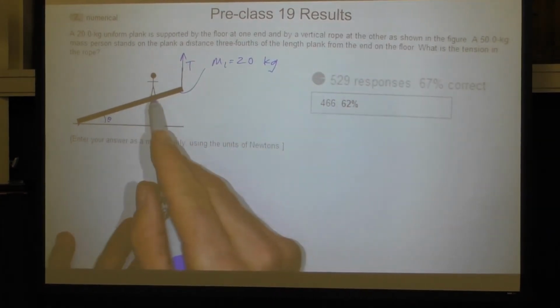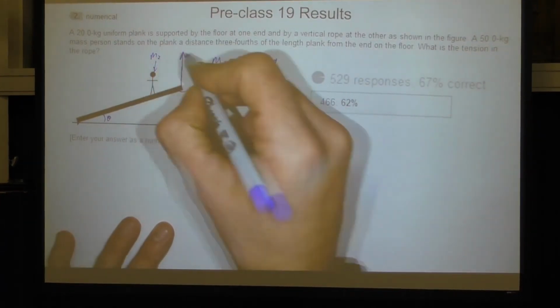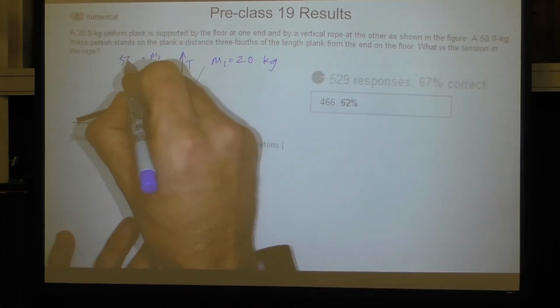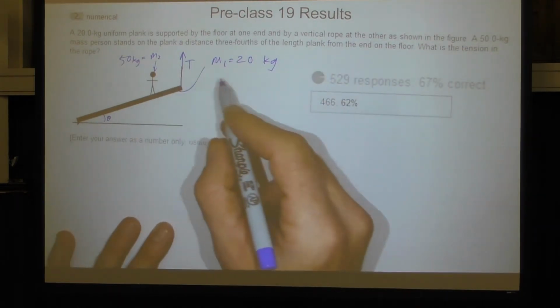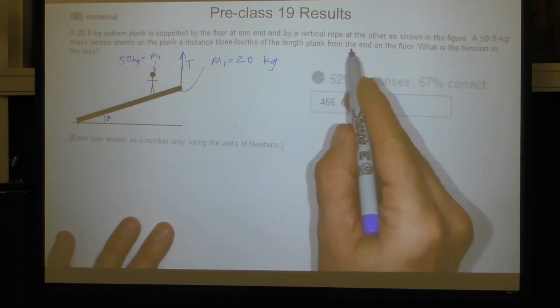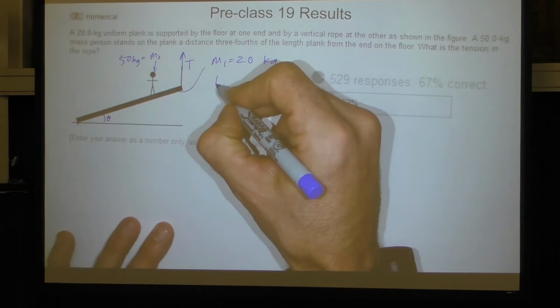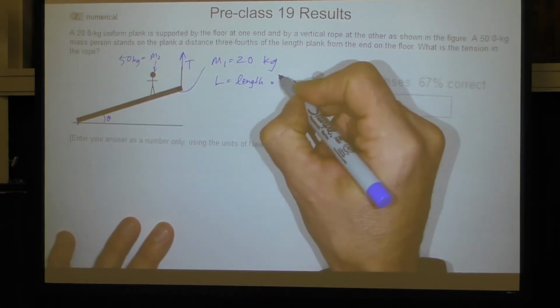A 50 kilogram person, so here's your M2, equals 50, stands on the plank a distance 3/4 of the length of the plank from the end at the floor. So let's say L is the length of the plank.